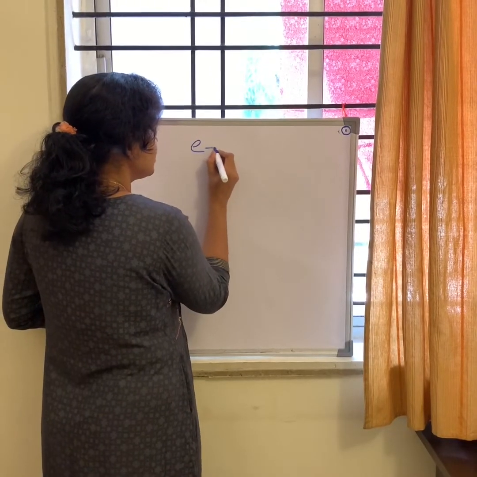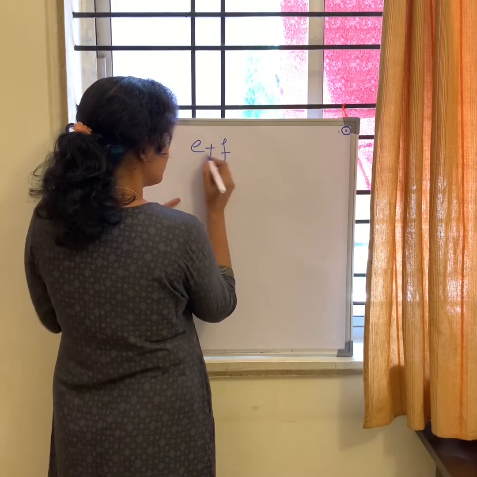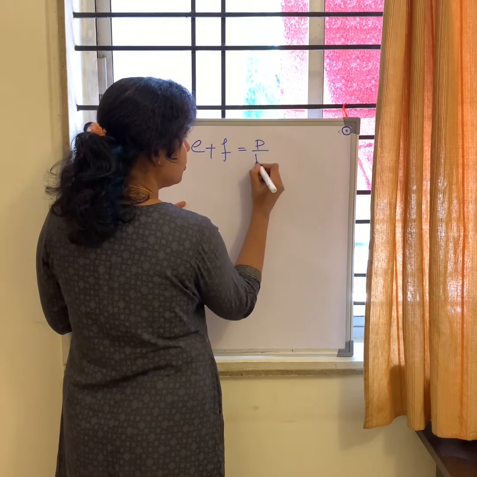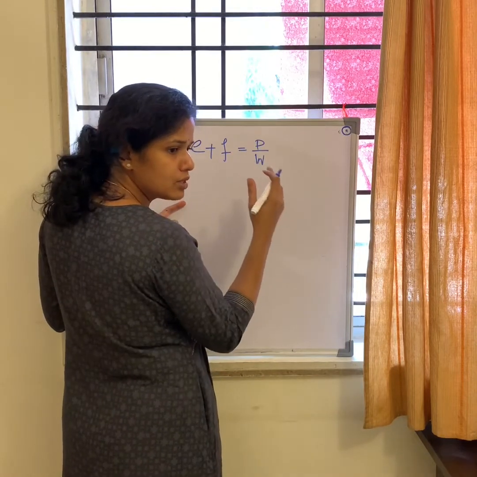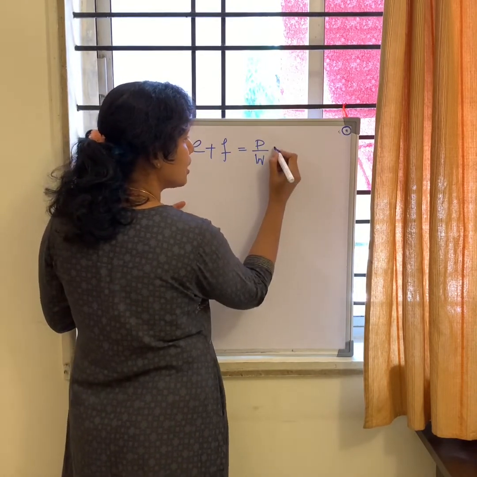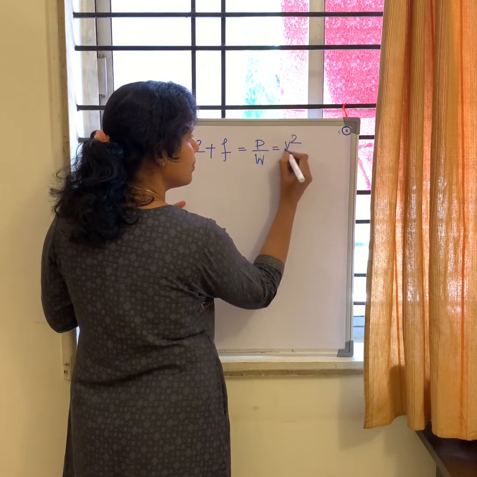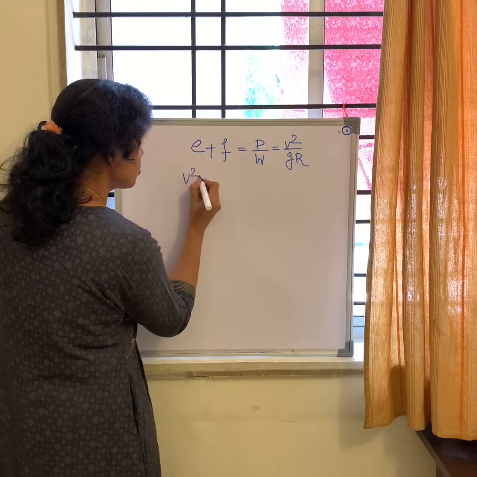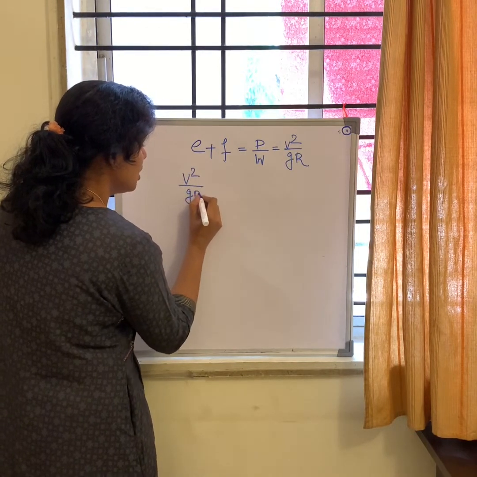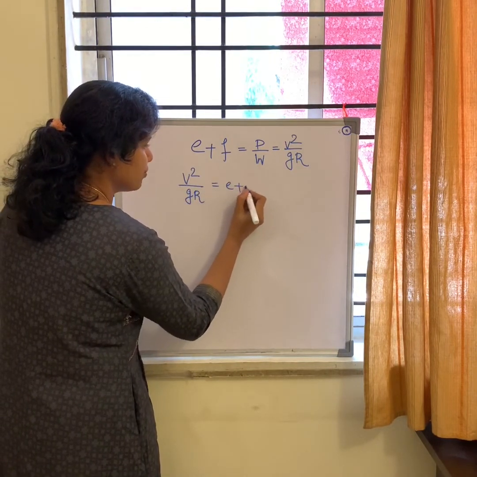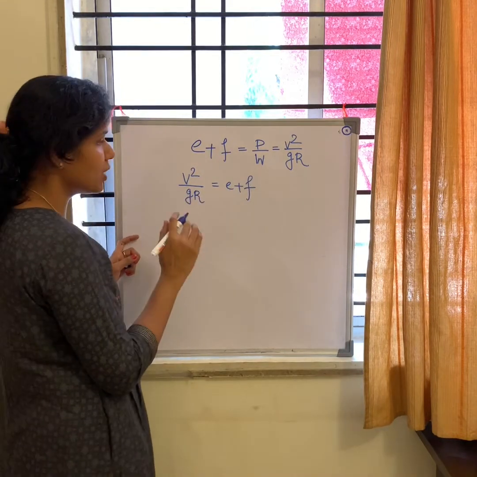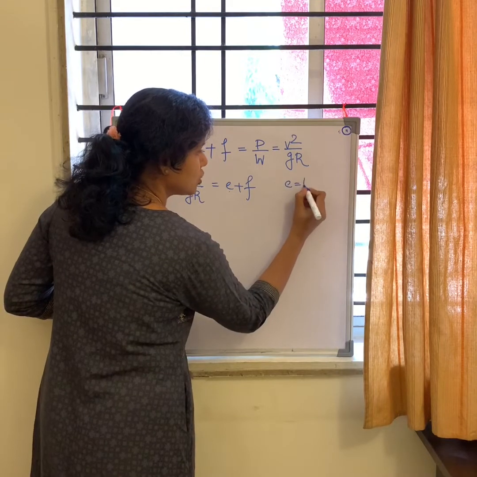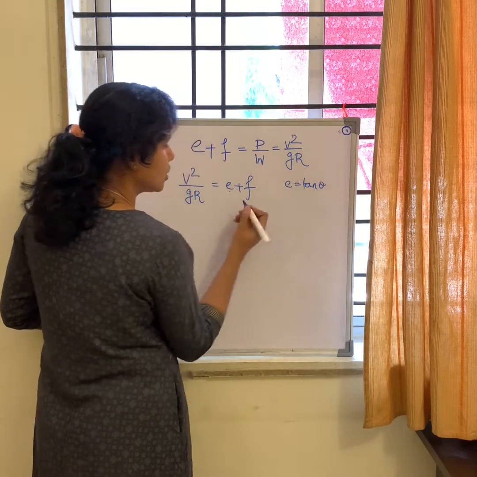The general equation for super elevation that we have derived is E plus F is equal to P by W. And you know that P by W is nothing but the centrifugal ratio, which can be written as V square by GR. So let's write it in terms of V square by GR is equal to E plus F as the general equation for the super elevation. Here E is the rate of super elevation, which one can calculate as E is equal to tan theta.